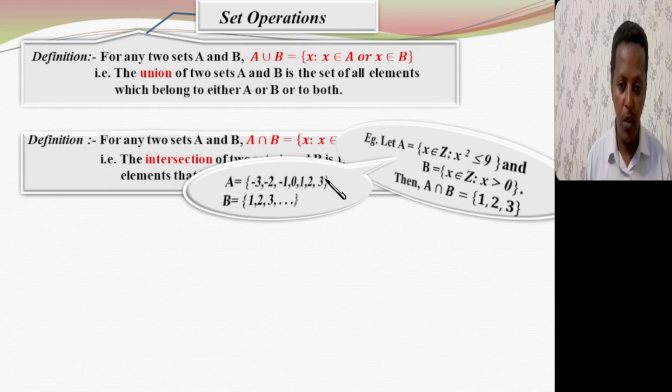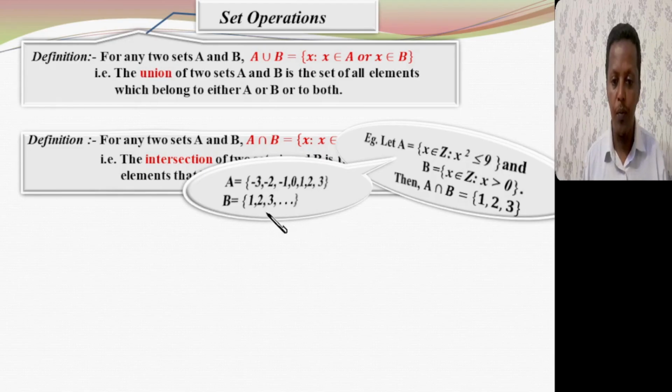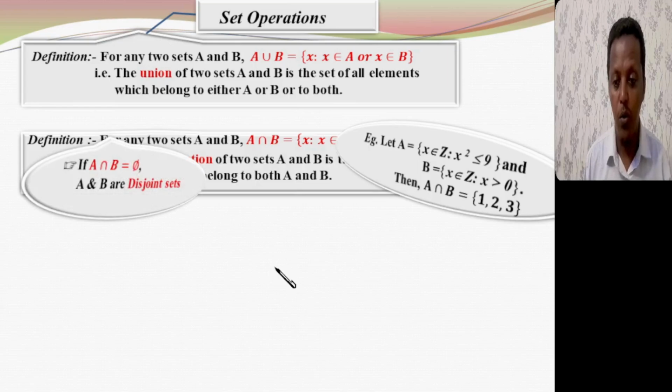These are integers which make the first open proposition true. Now integers greater than 0: 1, 2, 3 up to positive infinity. So the common elements are 1, 2, 3. So A intersection B contains 1, 2, 3.